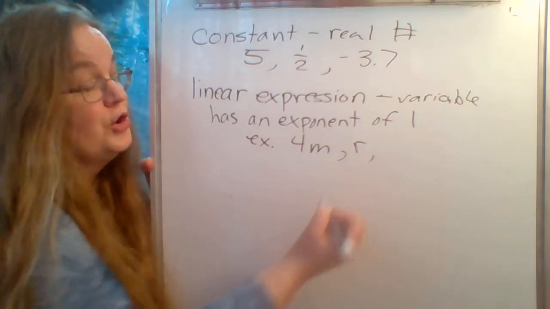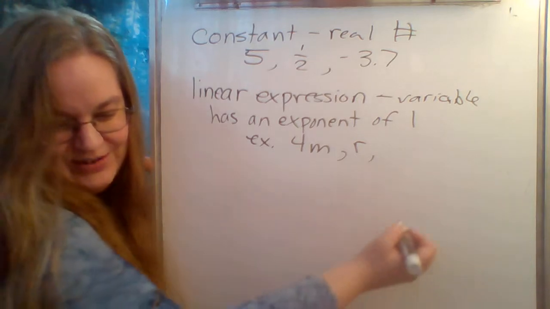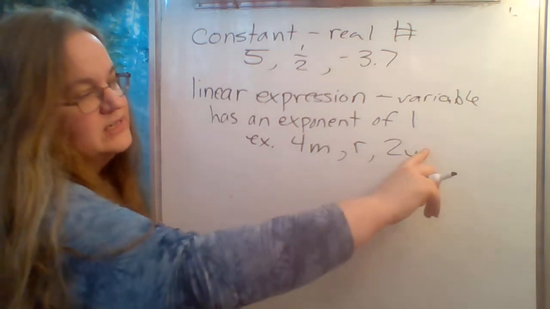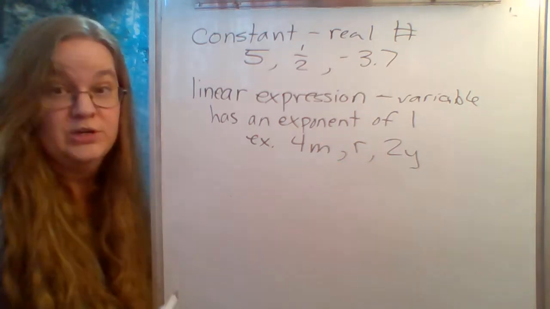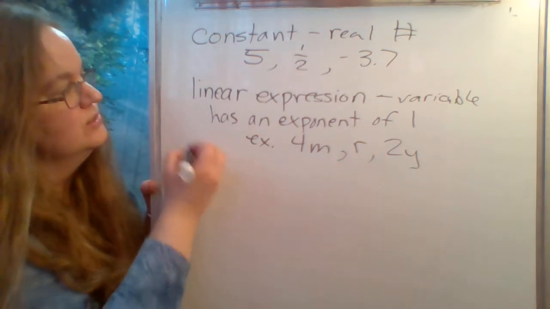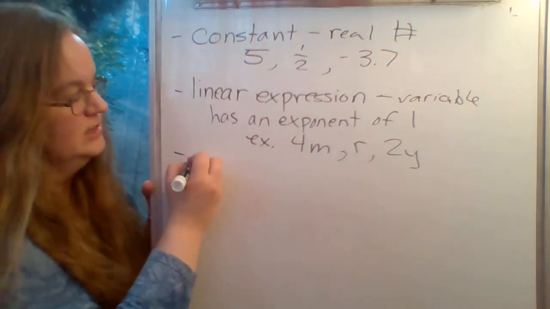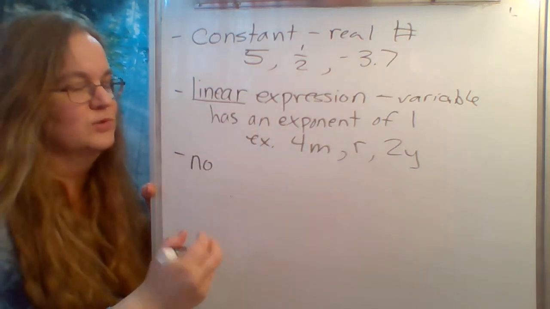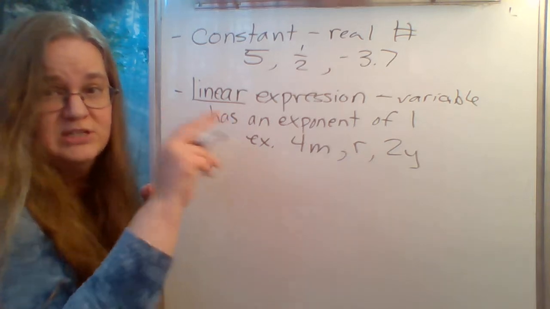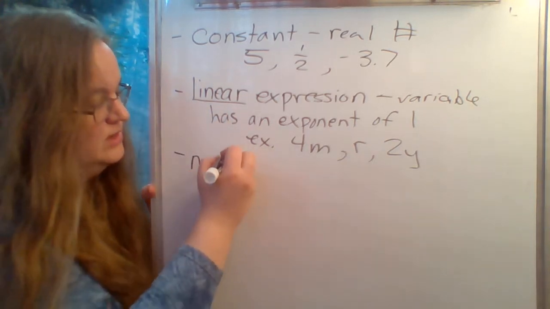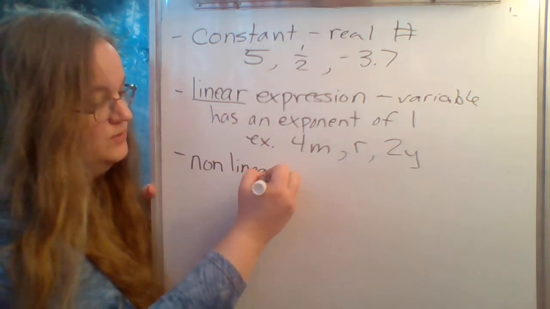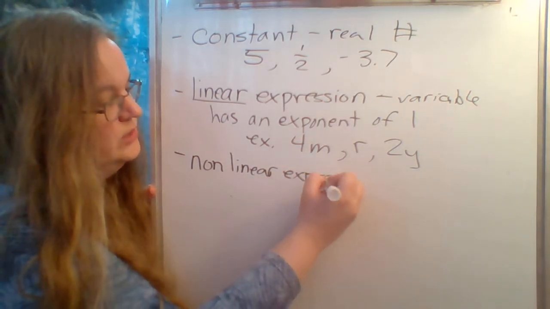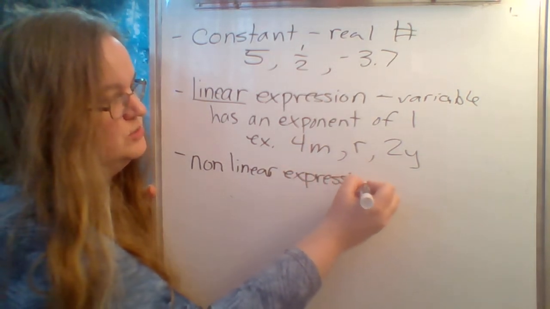The letter r all by itself, or 2 times y. Again, all of these have an exponent of 1 because we don't list it. By the way, linear is a fancy word for has a line in it, so it's in a straight line. Whereas non-linear things might involve curves, and that is why we differentiate between those.